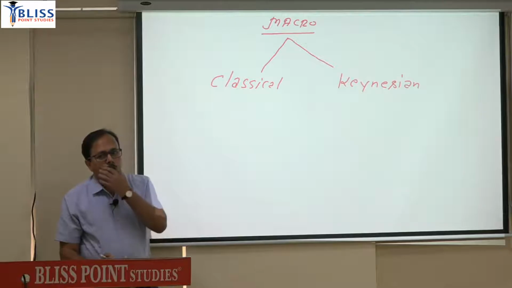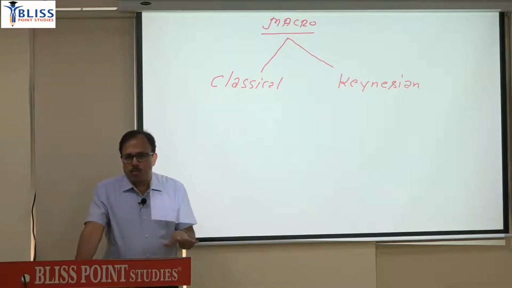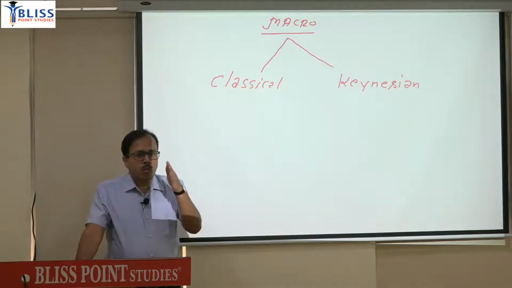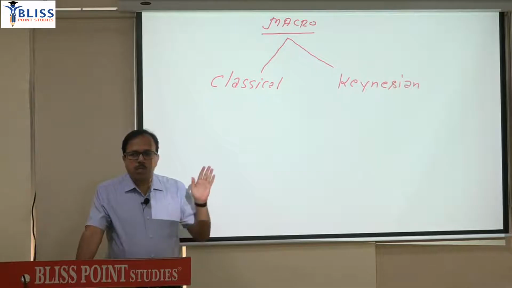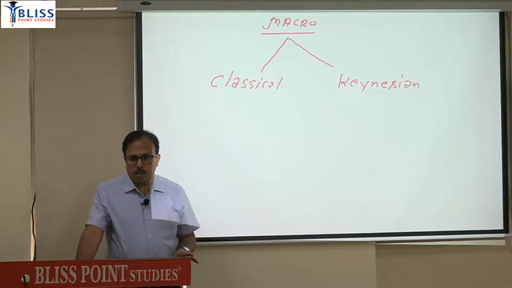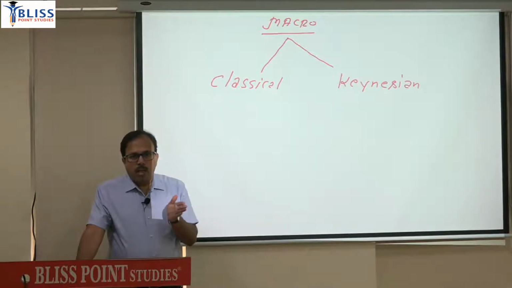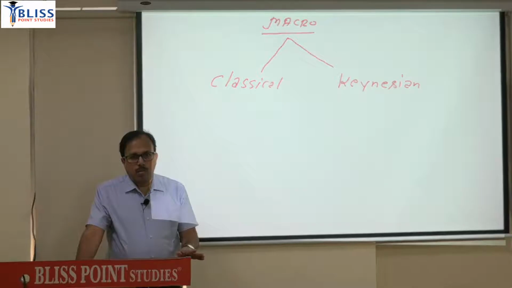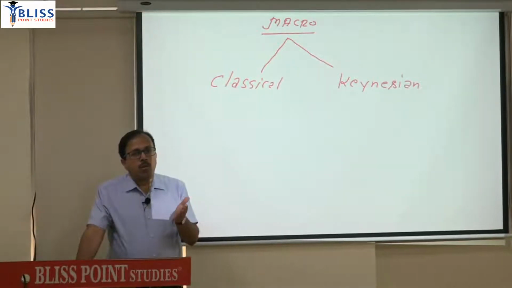So classical economists follow one set of principles. We must know what those principles are, what the drawback of that concept was, and how that drawback was overcome by the Keynesian argument. But the Keynesian argument also has its own drawback. Those will be overcome by the neo-Keynesian, those who have modified the Keynesian.